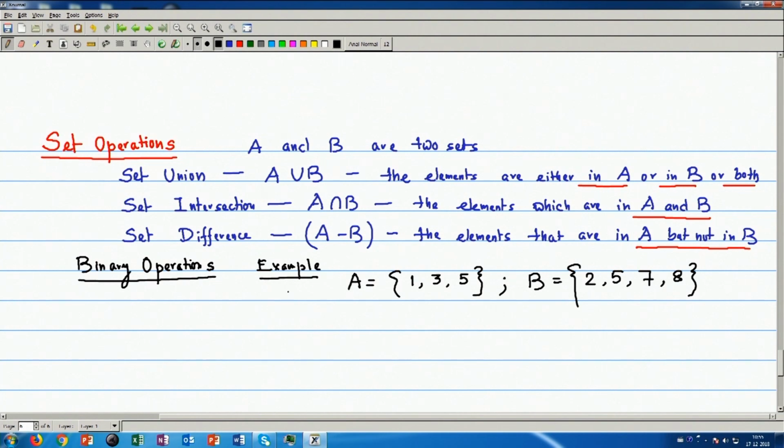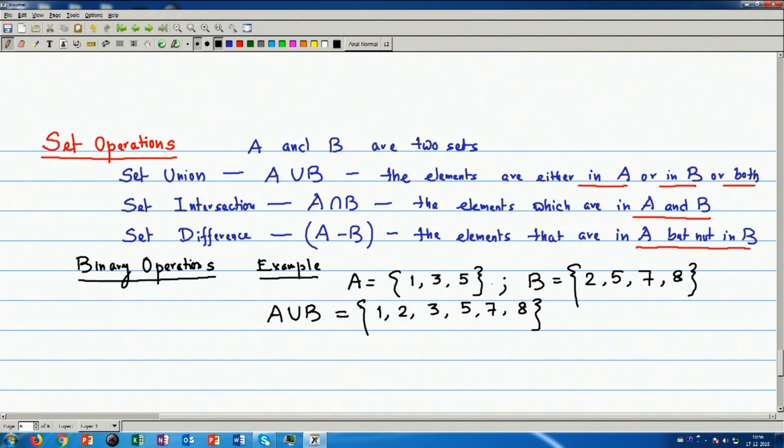What is A union B? Either in A or B or both, that means 1, 2, 3, 5, 7, 8.